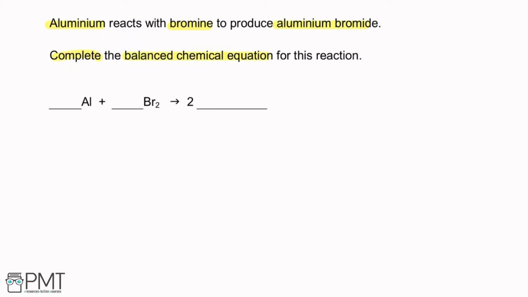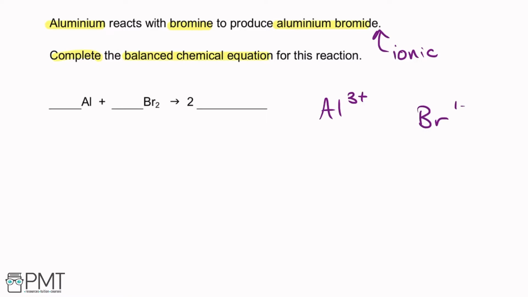So aluminium bromide is going to be an ionic substance, because aluminium is a metal and bromine is a non-metal. Aluminium can be found in group 3 of the periodic table, which means that it makes 3+ ions. Bromine can be found in group 7, which means that it makes 1- ions.